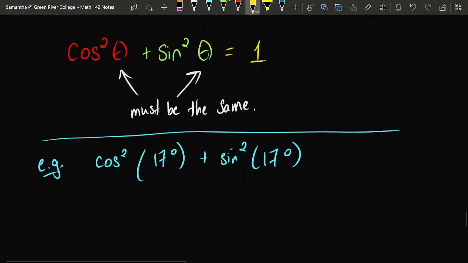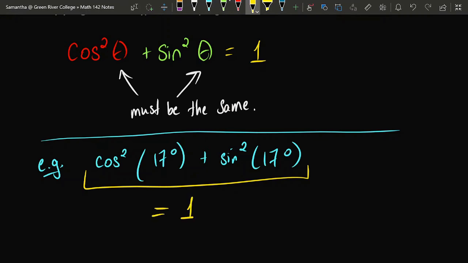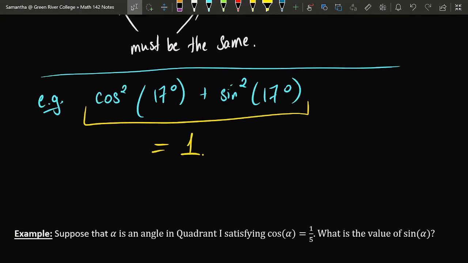Looking at this expression as a whole, we can see that it matches the format of the left-hand side of the Pythagorean identity: cosine of some angle squared plus sine of the same angle squared. That can be immediately simplified. That's just equal to the number 1.